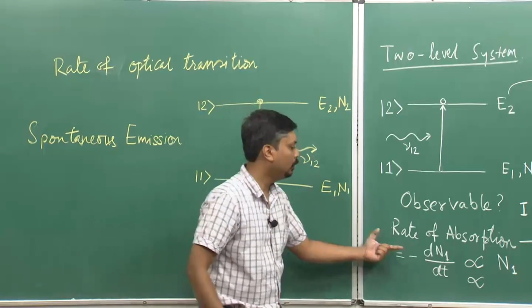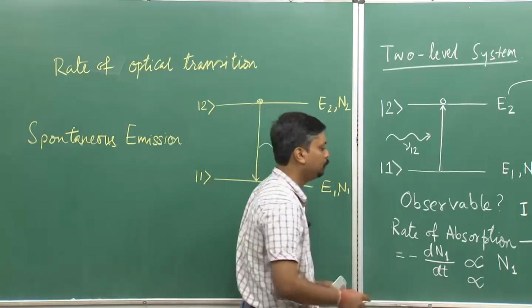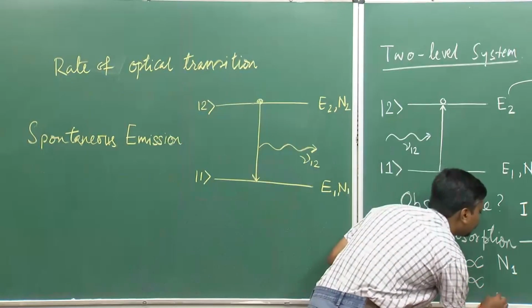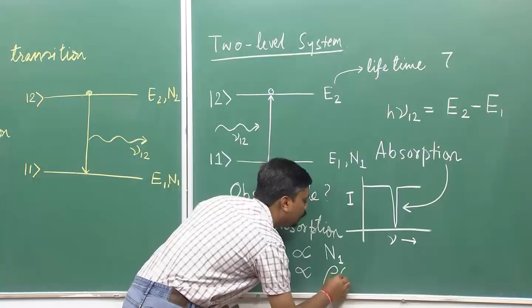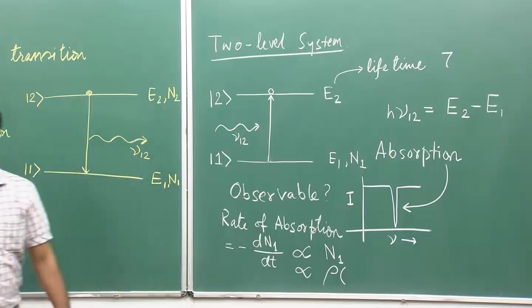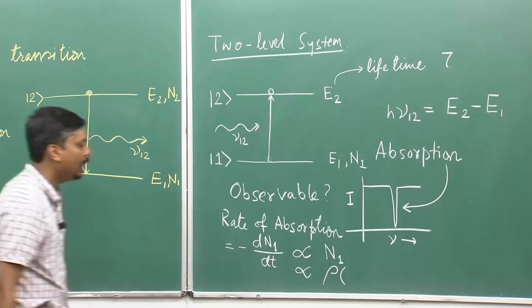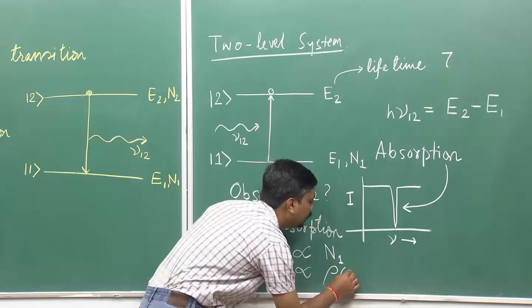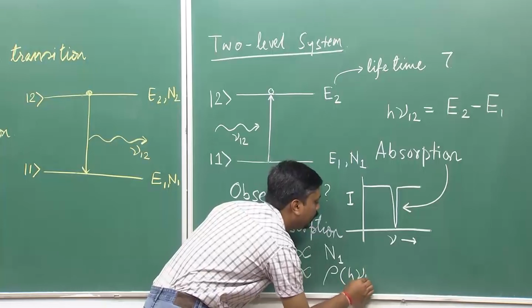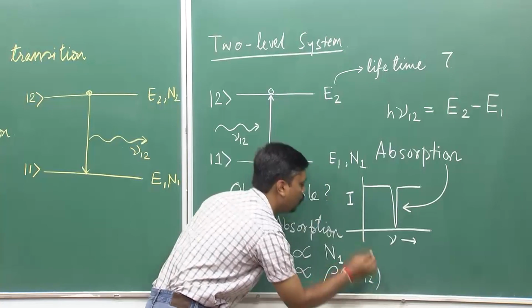So, minus dN1 dt is proportional to the density of photons having frequency nu 1 2, and we write it in this fashion, rho of h nu 1 2.